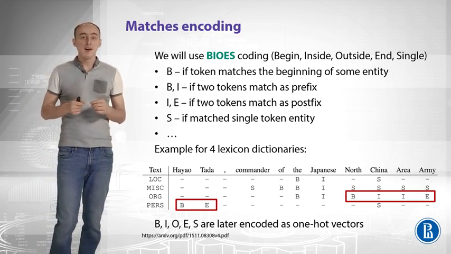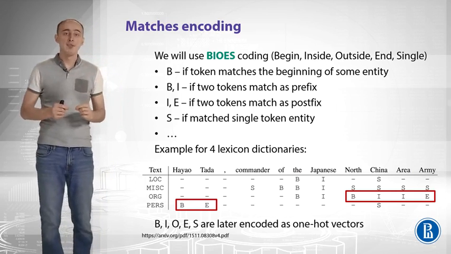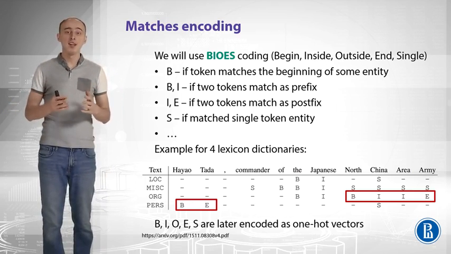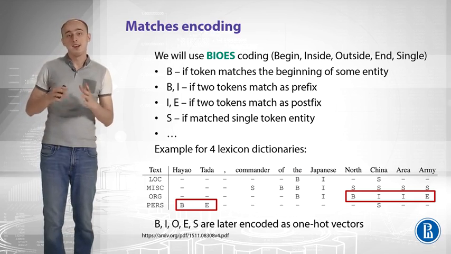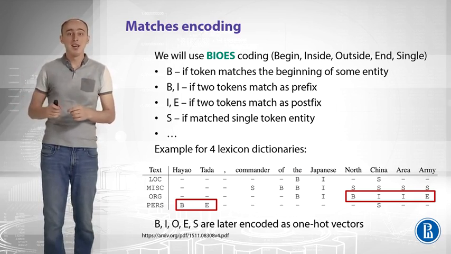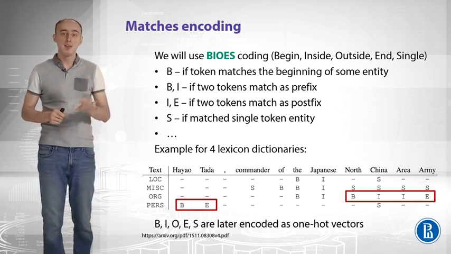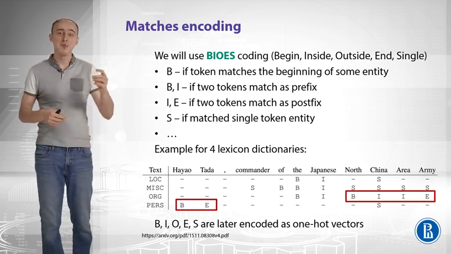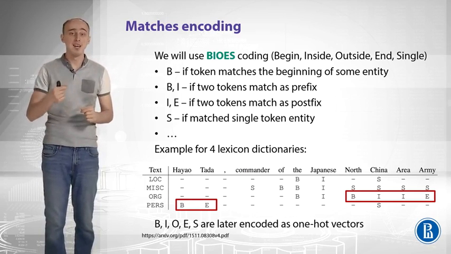And we can actually have that full match even if we don't have that entity in our lexicon. Let's say we have North China History Museum and, I don't know, any country area army entities. When we have those two entities, we can take the postfix from the second one and the prefix from the first match, and it will still give us the same BIOES encoding.